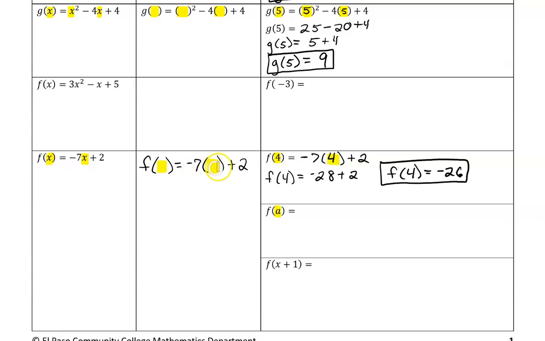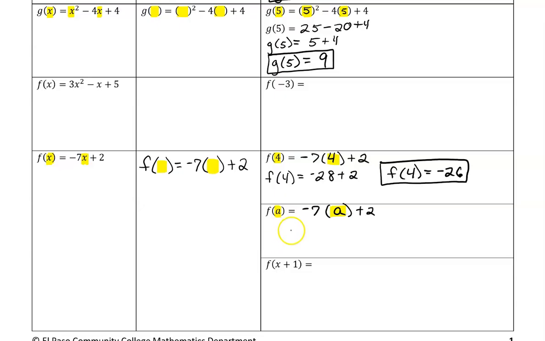The x is that blank spot there. So exactly like we did with the 4, I can set up my skeleton here, the negative 7 blank plus 2, right? The multiplication here plus 2. And what do I put into this spot here? Whatever was on the inside of my function, which is, in this case, a.